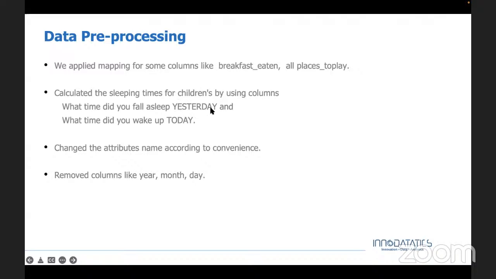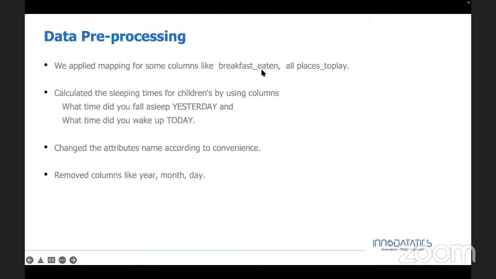What time did you fall asleep yesterday? What time did you wake up today? If yesterday you slept at 9 p.m. and you woke up at 6 a.m., if you subtract those two, you get to know how many hours the kid has slept.